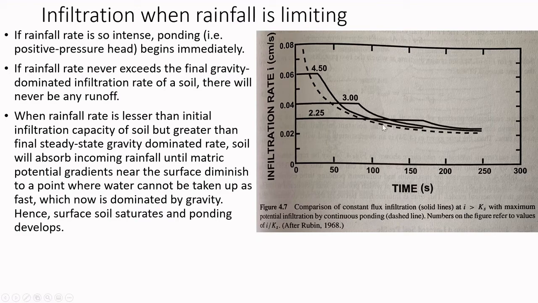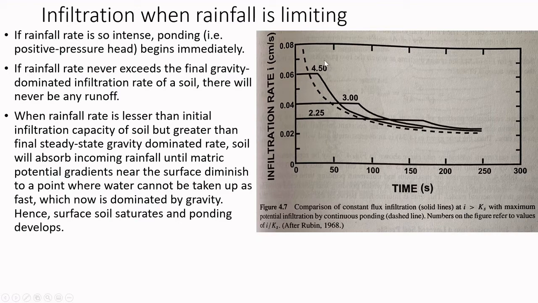The dash line is continuous ponding. The solid line is the infiltration rate. The solid line here, if you look at the numbers on the figure, refers to the value of I divided by Ks.